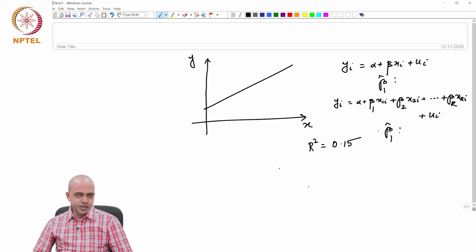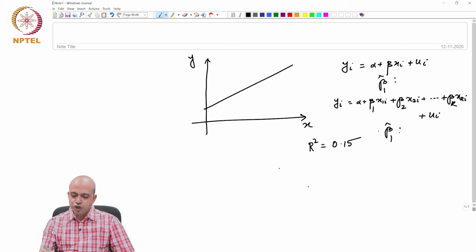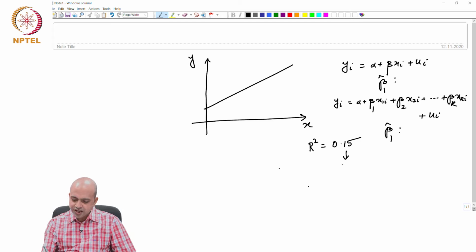Now, if somebody asks you, is it a good measure or a bad measure? Always keep in mind that this value is giving you only a mathematical value. By one value we do not really know whether the 15% that you are going to explain is a sufficient amount or not. So, we need to know whether this is a statistically significant value.